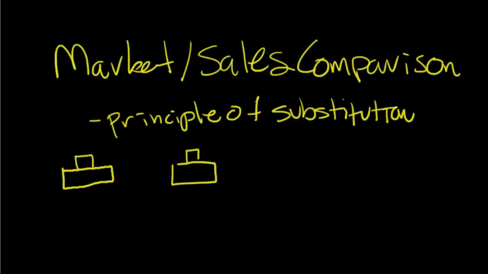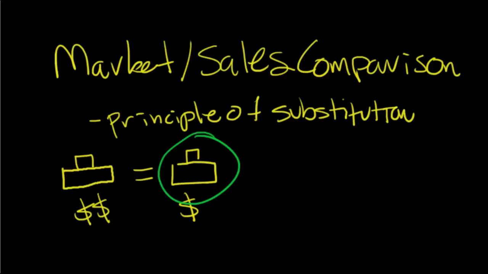You wouldn't buy this car here if this was this many dollars and this was this many dollars, and pretty much the cars were the same. You would pick this car. Of course, let's just change the color there so you can see. You'd pick this car, of course, because it's pretty much the same and it's less money. So you'd substitute this car for that car, and you'd buy that car there. That makes pretty much sense.